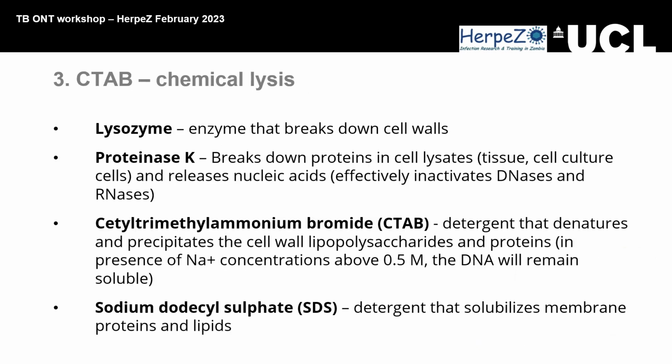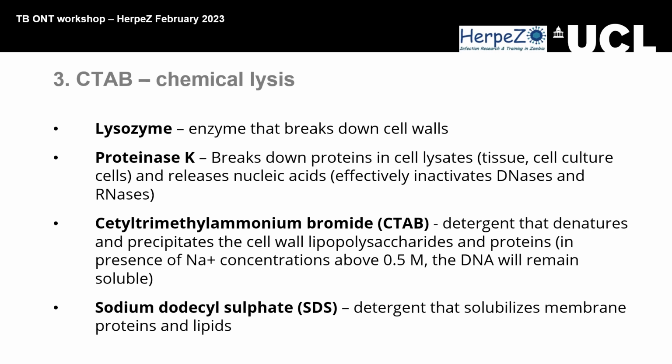Then the chemical lysis. We start with lysozyme, which breaks down the cell wall. We use about 50 microliters of lysozyme to our 400 microliters of the solution where the colonies are.